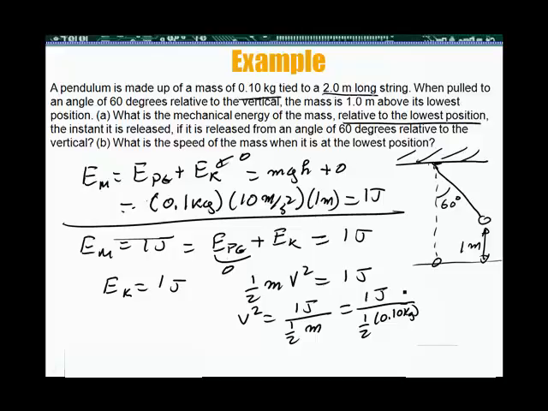That gives us 20 meters squared per second squared. And I take the square root of that to find the speed. That gives us 4.5 meters per second. And that would be the speed of my mass when it is passing by that point.